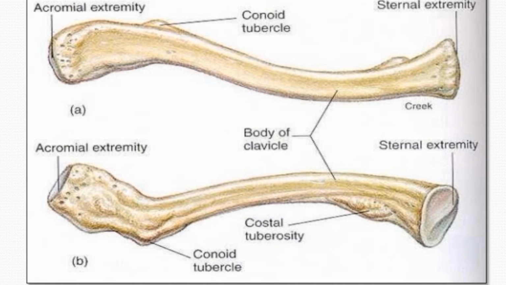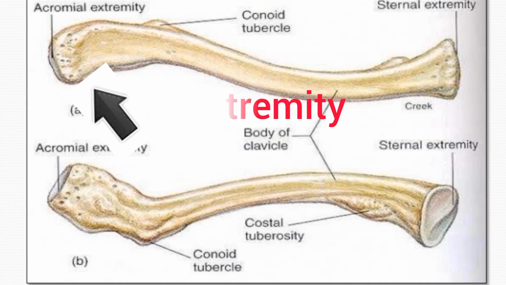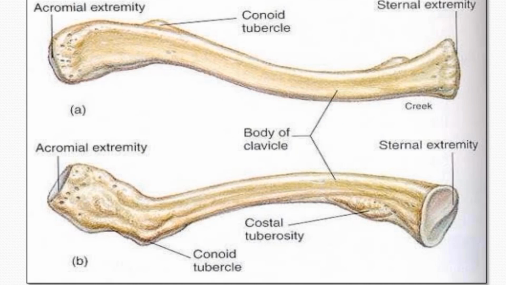Now the articulation: the lateral extremity connects with the acromion process of the scapula to form the acromioclavicular joint, while the medial extremity connects with the manubrium of the sternum to form the manubriosternal joint.